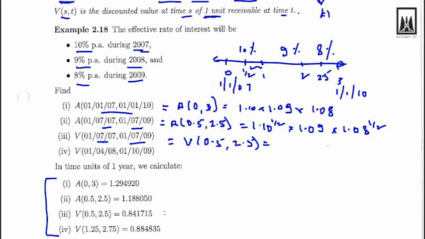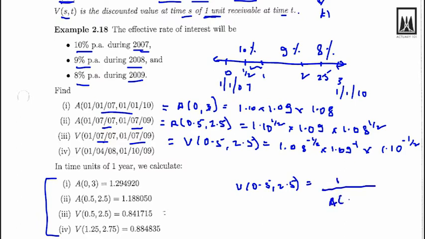You can either calculate using the same formula, that is 1.08 to the power minus half multiplied by 1.09 to the power minus 1 multiplied by 1.10 to the power minus half, or you can simply say V(0.5, 2.5) is just going to be 1 upon A(0.5, 2.5), which can also be written as A(0.5, 2.5) to the power minus 1. So you can just derive a relationship similarly and find the answers.